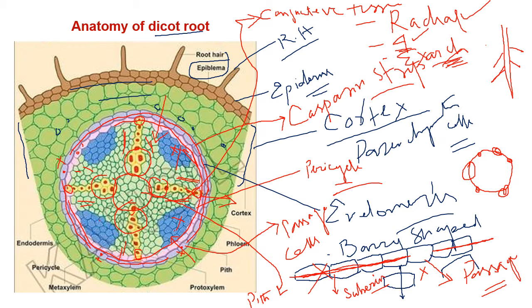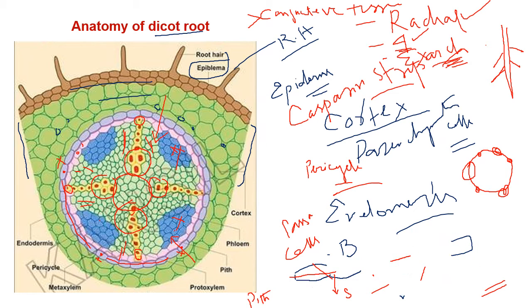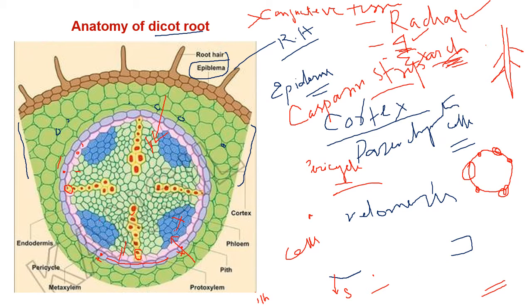Now we will look at how secondary growth is possible in a dicot root. Let's see. During secondary growth, what happens?